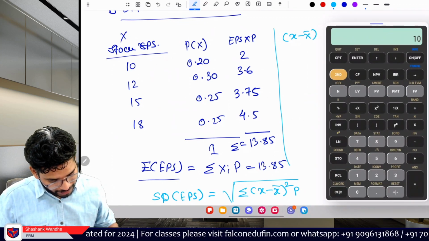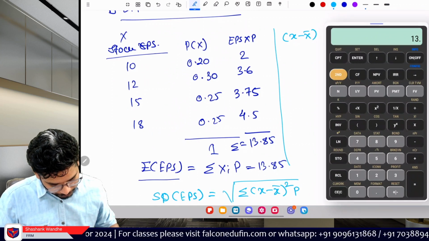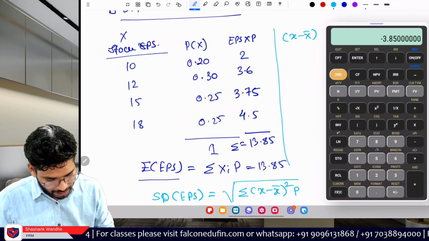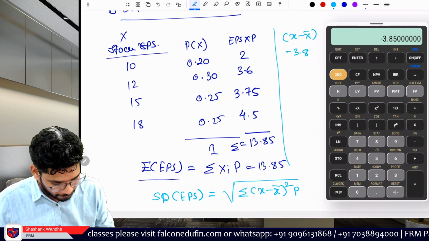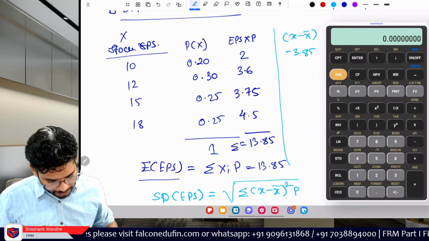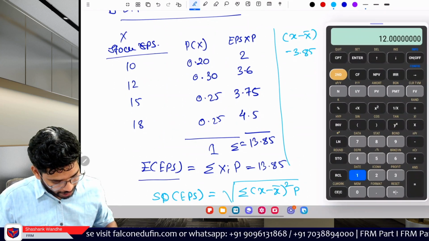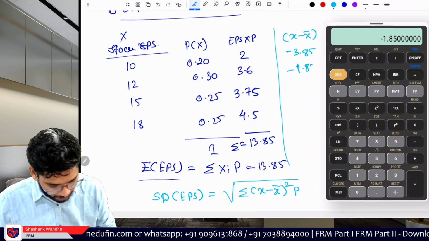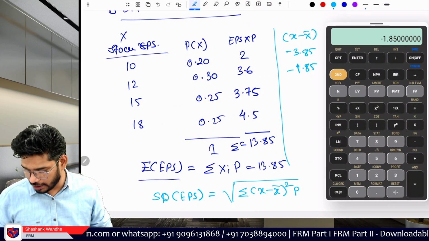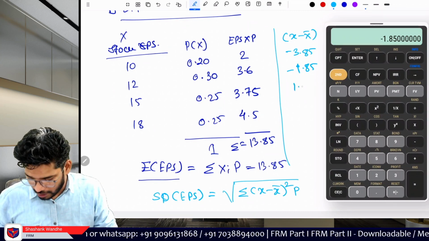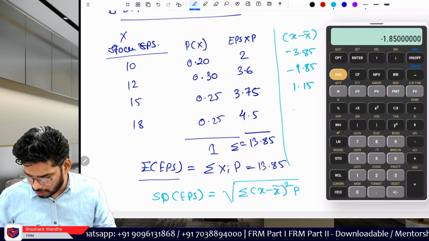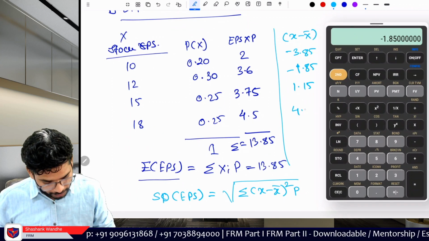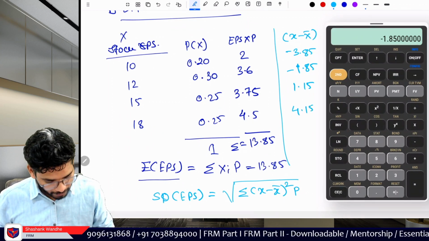So 10 minus 13.85 is minus 3.85. Then 12 minus 13.85 is minus 1.85, and I have all the values noted here. I'll simply write down values from my already done work, and this is 4.15.